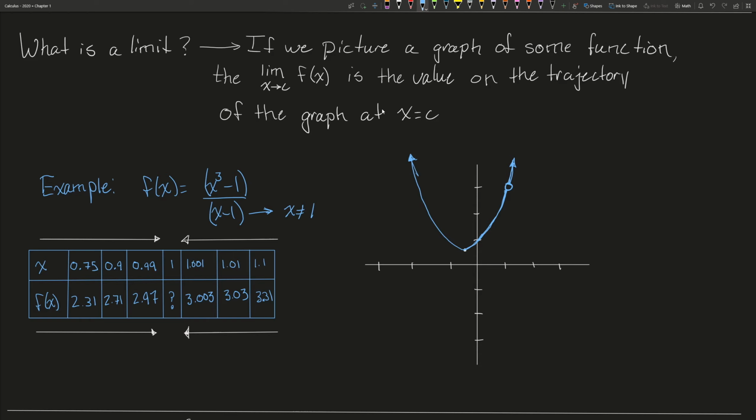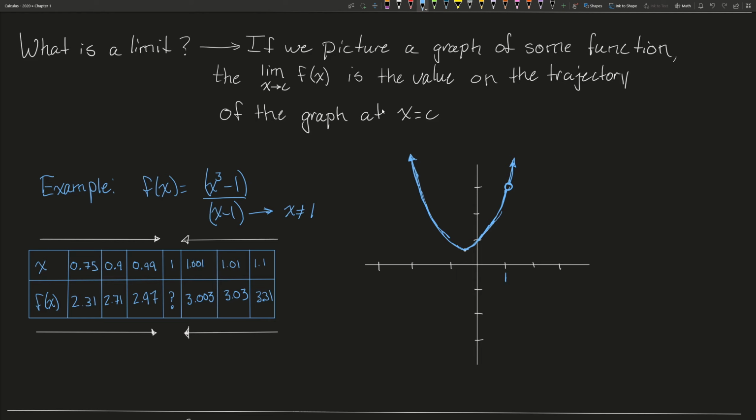And everything else, we could plug in different values of x, get out different values of y, and sketch the graph. And when we do that, we get this curve. And again, we should notice that at x is equal to 1, there is a missing piece. There is a hole in the graph.